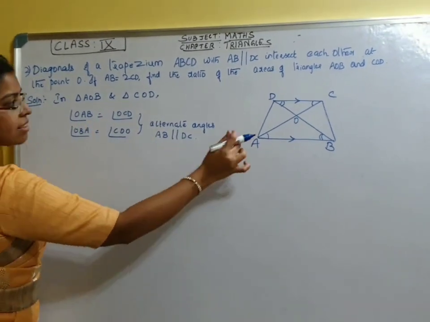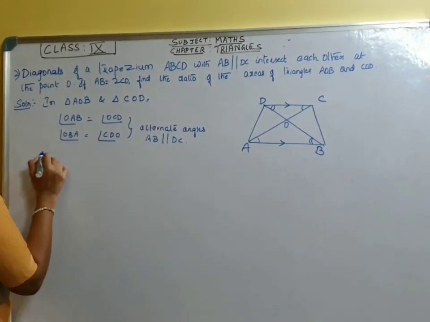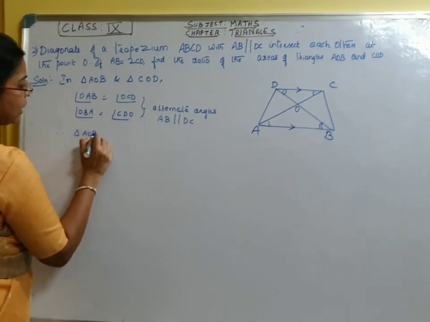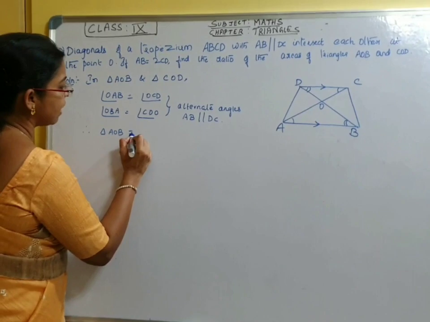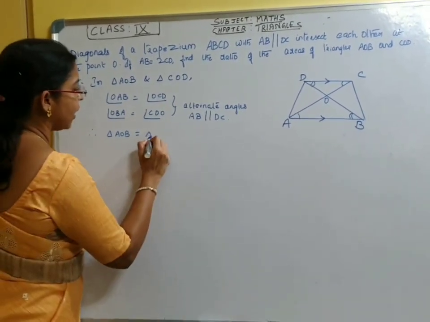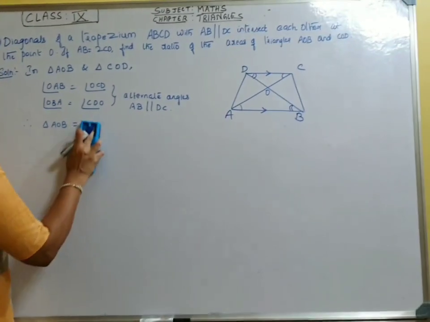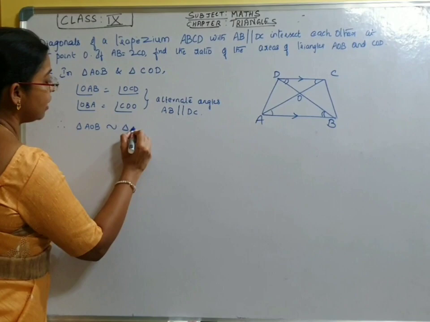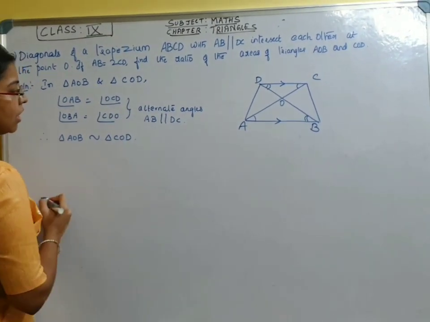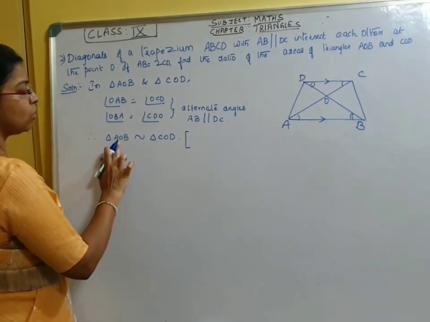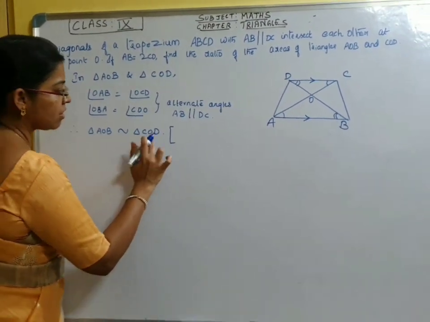Since these two angles are equal, we can conclude that triangle AOB is similar to triangle COD. By which criterion can we conclude that triangle AOB is similar to triangle COD?